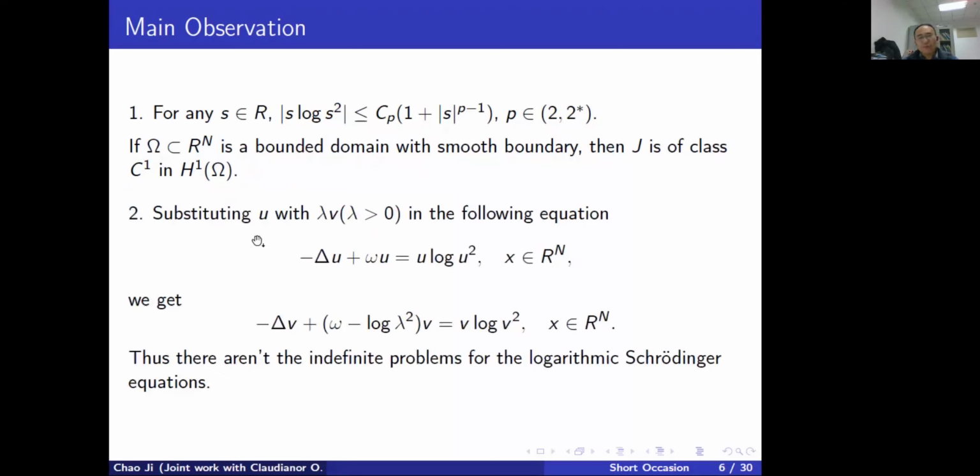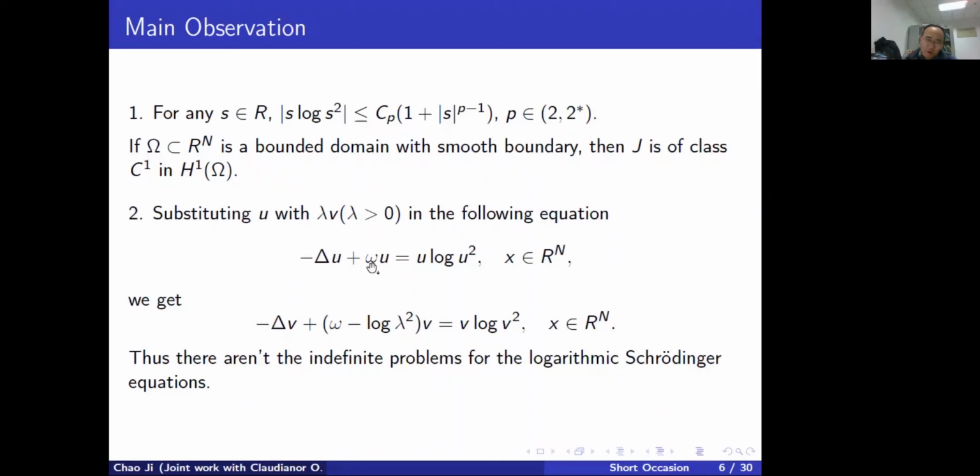As at the beginning, I assume this number omega is bigger than -1. As I said before, this assumption is not important, just for simplicity. Now I can explain why.